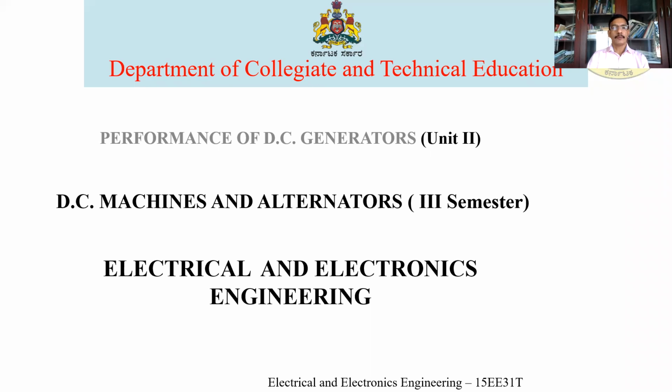Once again, welcome back to DC machines and alternators class. This is one of the very important subjects in your electrical and electronics program. Why? Because electricity generation, both DC and AC, is explained in this subject.